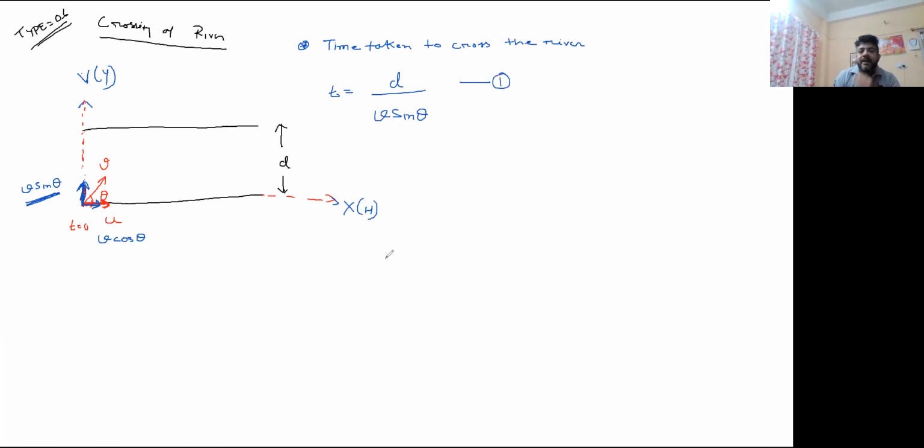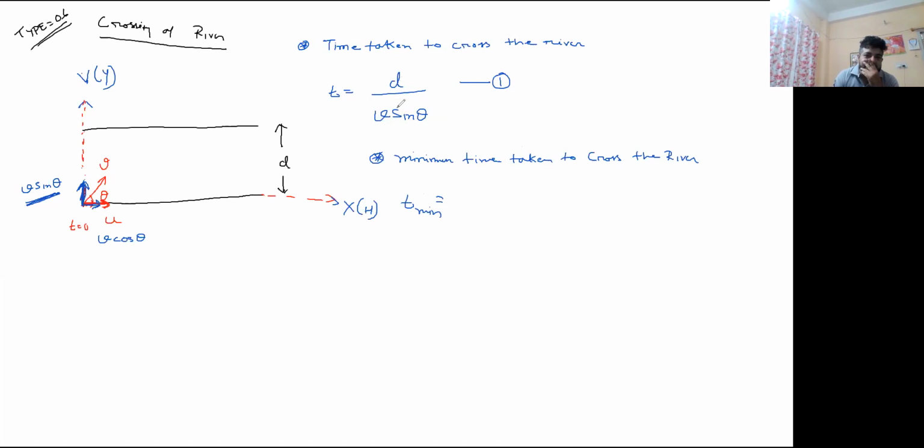Yes, sir. One thing examiner can then ask you, minimum time taken to cross the river. So T minimum, see, it's very simple. You can't change the river width. You can't change the speed of the boat because for a particular boat it is fixed.